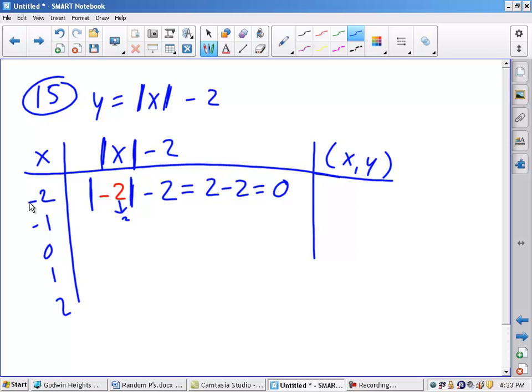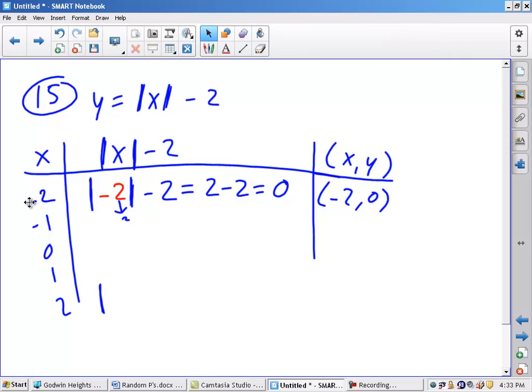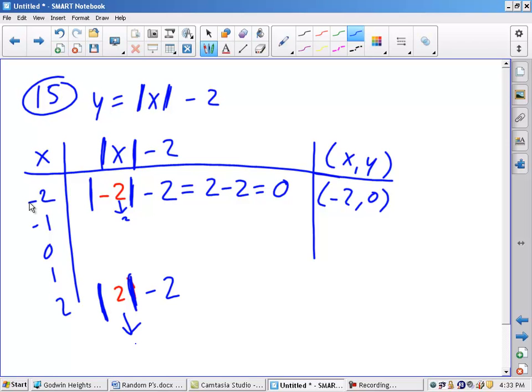That's pretty simple. However, what you do need to be careful with on all these is that a negative will make a positive. However, a positive absolute value, this is also 2, so this actually gives me 2 minus 2 is also 0. So what I get is 2 comma 0.